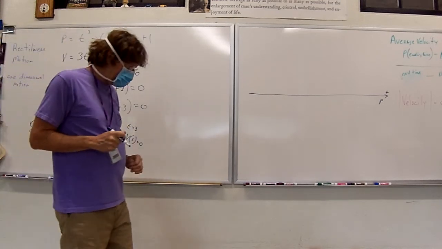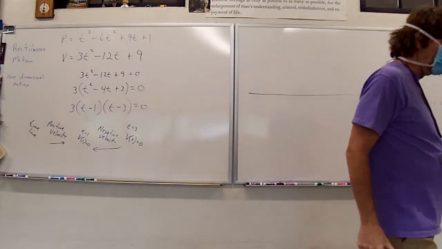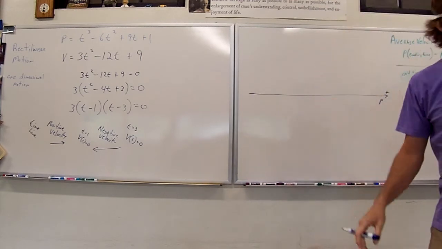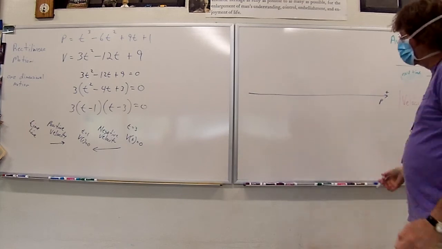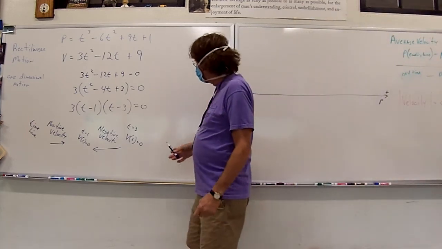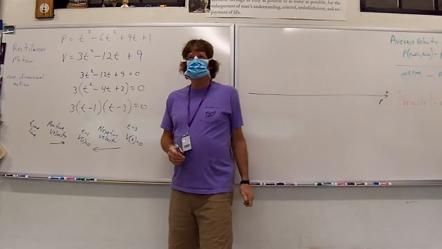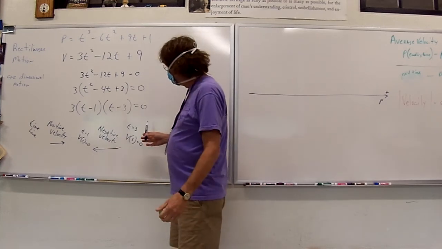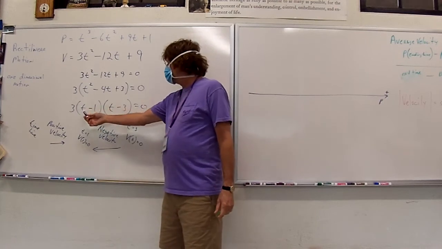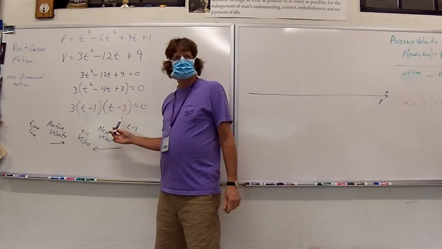Now, it stopped at t equals 3. Does it stop and then keep going backwards? Well, it's probably going to turn around because these are the really easy ones. But let's make sure. Put in a time larger than 3: 4, 600, 5, 10. Any time larger than 3 you put in there, you're going to get a positive velocity.